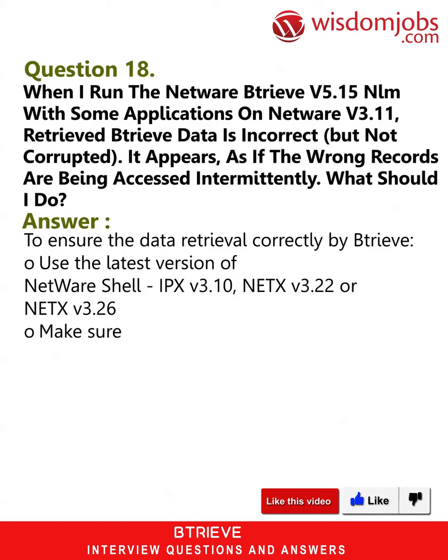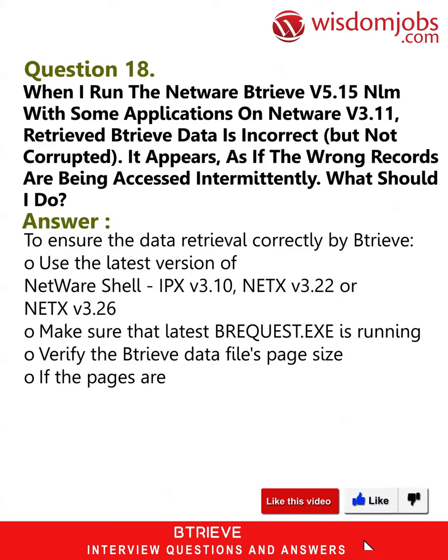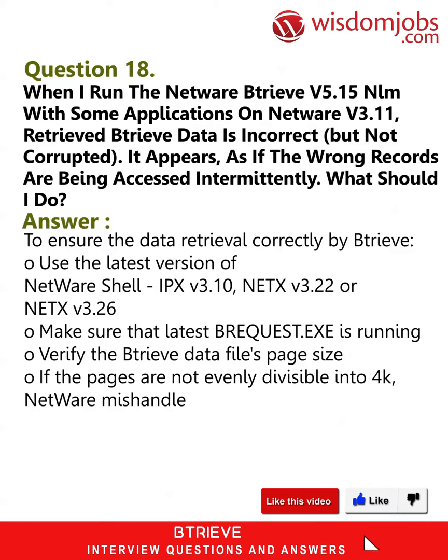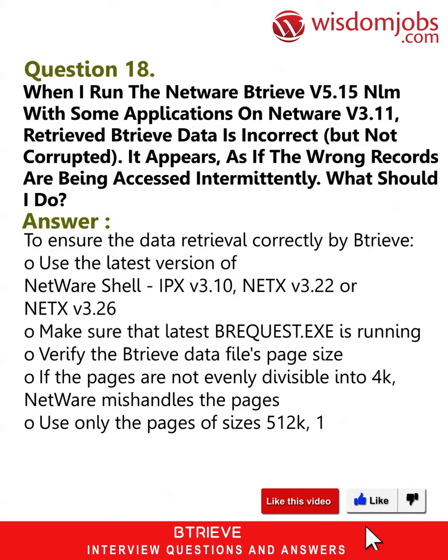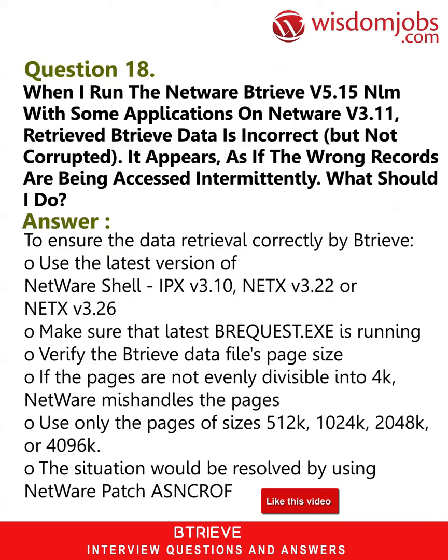Make sure that the latest REQUESTER is running. Verify the Btrieve data file's page size. If the pages are not evenly divisible into 4K, NetWare mishandles the pages. Use only page sizes of 512, 1024, 2048, or 4096. The situation would be resolved by using the NetWare patch SYNCFIX.NLM.